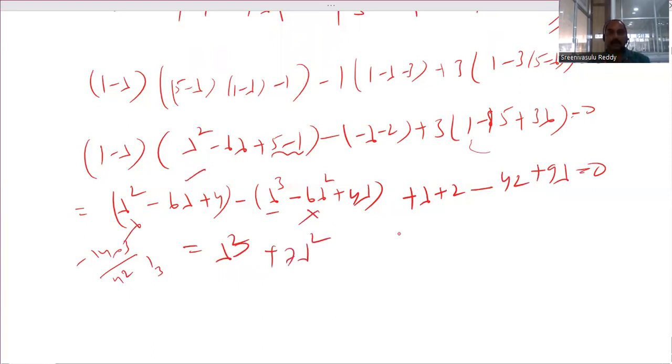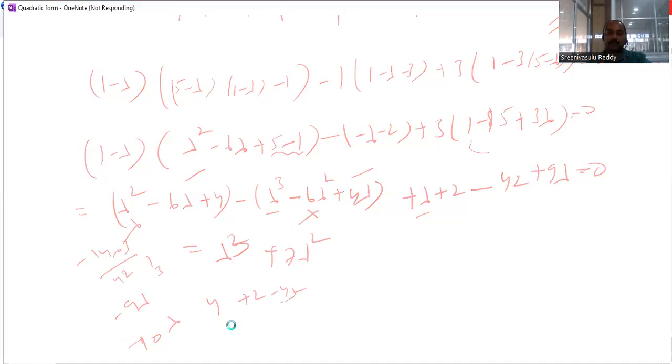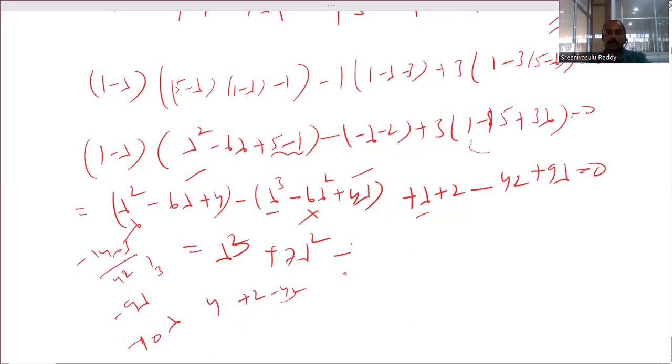Here minus 6 lambda, here minus 4 lambda, total minus 10 lambda, minus 10 lambda plus lambda, minus 9 lambda, minus 9 lambda plus 9 lambda is 0. So the lambdas disappear, only the constant terms remain: 4 plus 2 minus 42. 4 plus 40 minus 40 minus 4 means minus 36 equals 0.